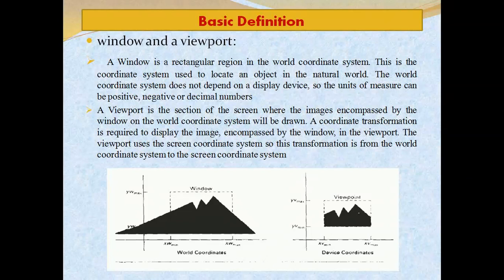A viewport is a view coordinate region. It is also a rectangular coordinate region that encompasses the world coordinate image into an output device. It is generally an output coordinate. So, the world coordinate window defines what is to be selected and the viewport defines where it is to be displayed.